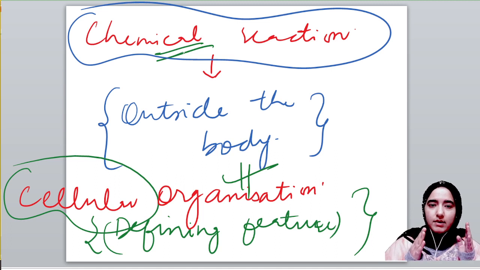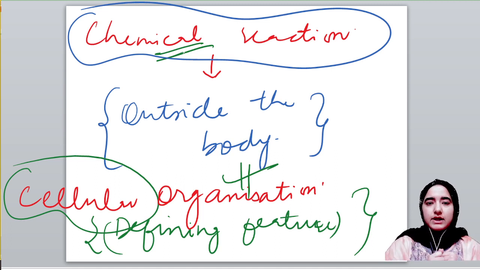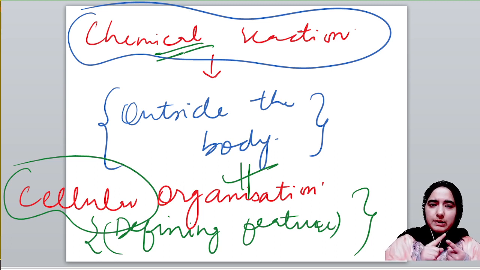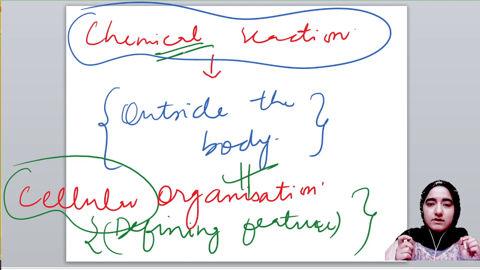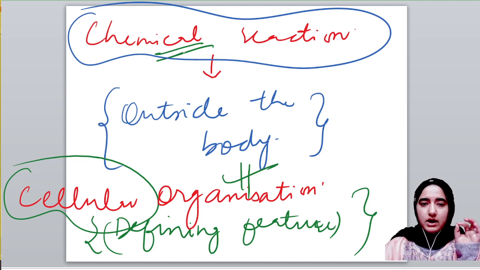But talking about cellular organization, this is a defining feature, because every organism, be it the simplest or complex, is made up of cells, because the cell is the fundamental structural and functional unit of living organisms. So cells are not present in any non-living object. So we can say cellular organization is the defining feature.